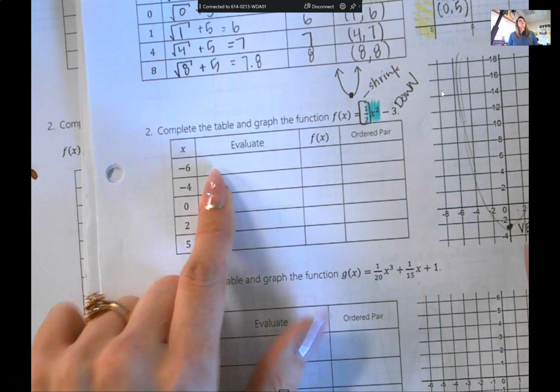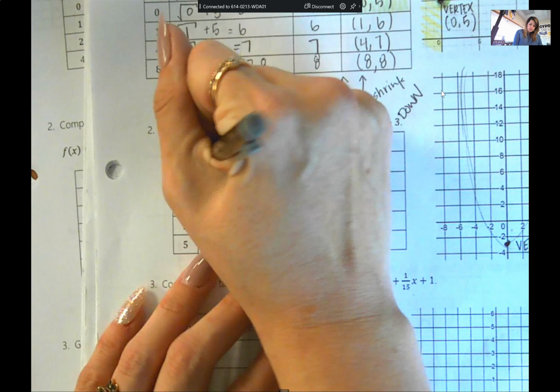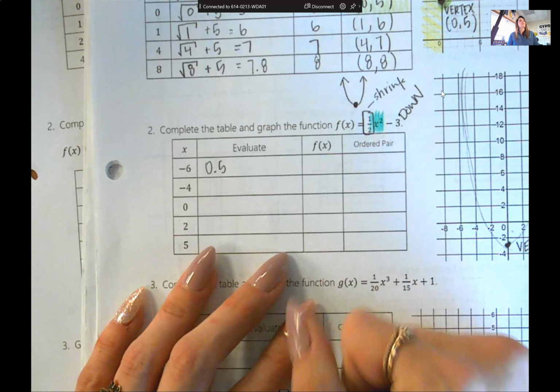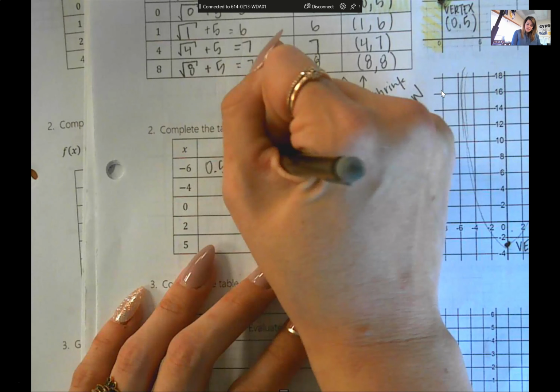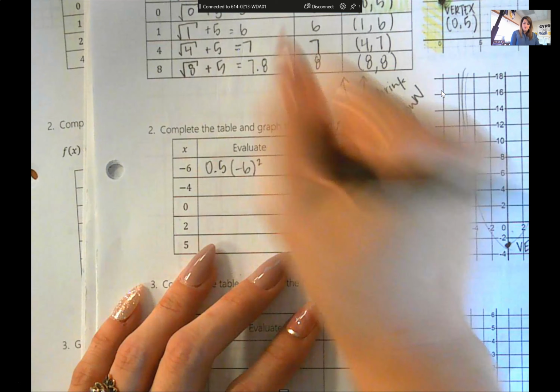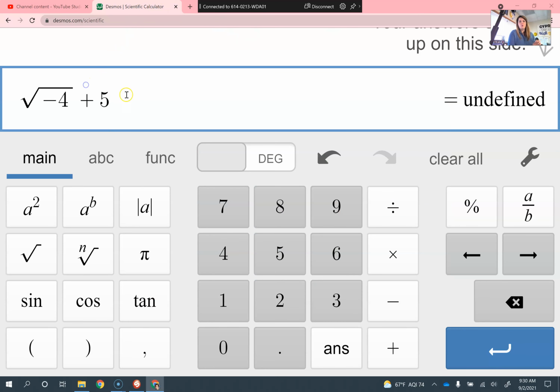But we want to make it as accurate as possible, so we're going to put some points down. It tells us to evaluate this at -6 first, and to make my life easy, I'm just going to do 0.5 instead of 1/2. Then I plug in 0.5 times (-6) squared minus 3. Desmos makes this quicker.